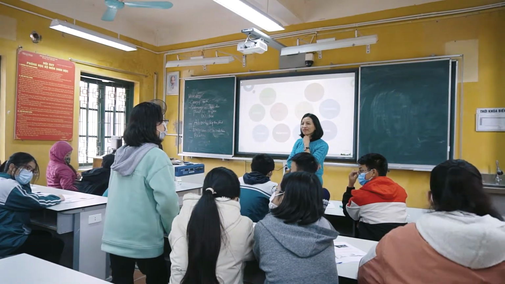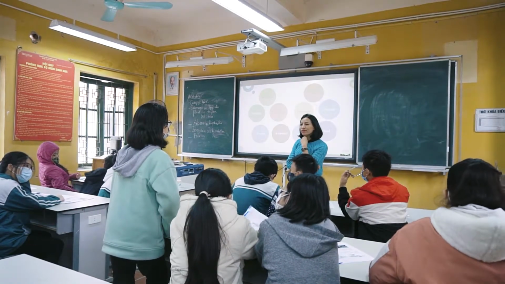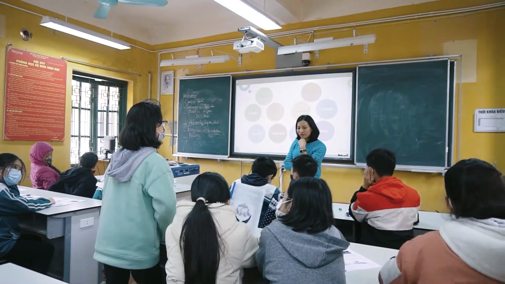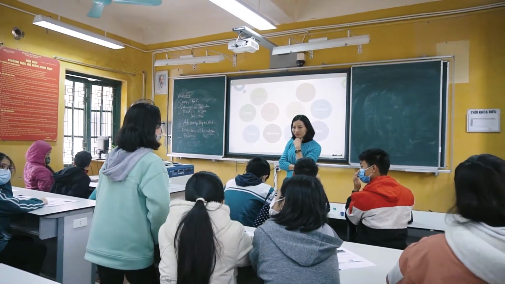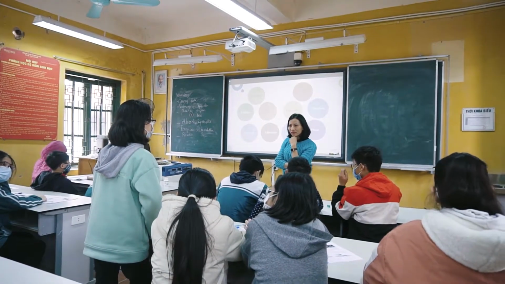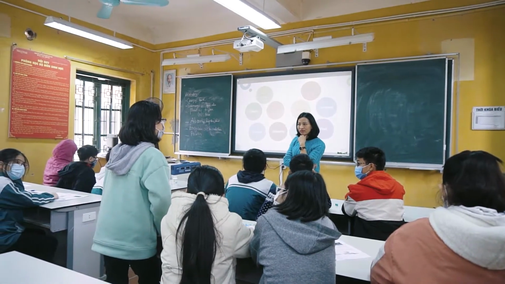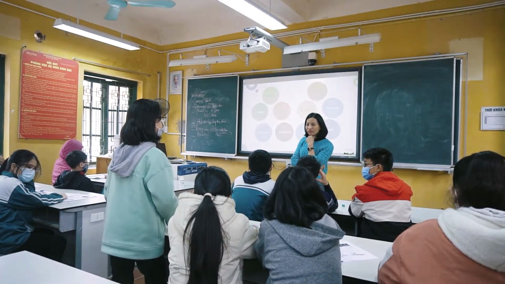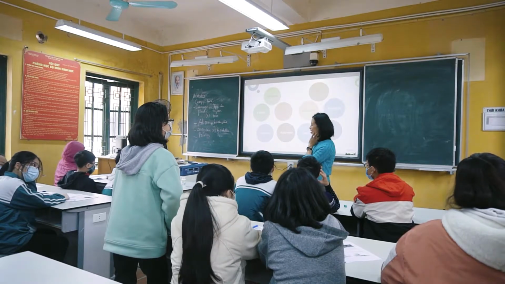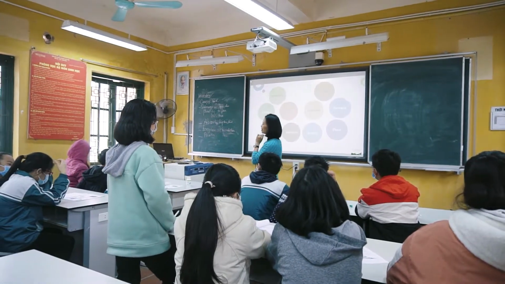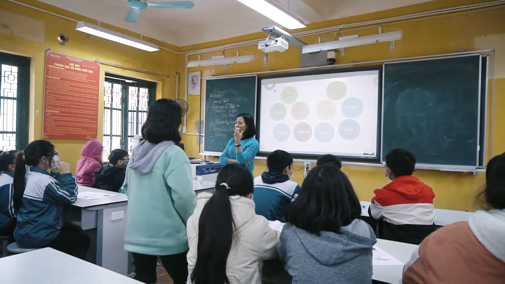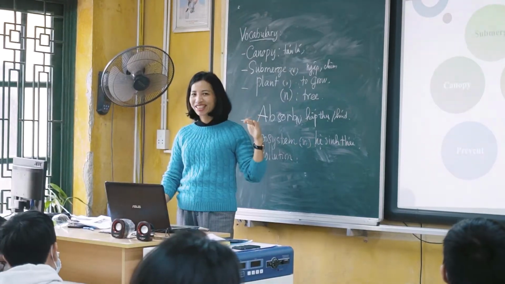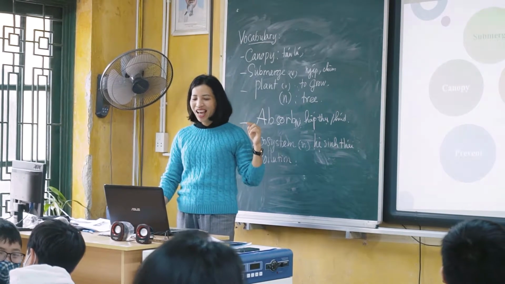To plant is to grow a tree in the ground or continue to make it grow up. It's also a noun for a tree or anything that has stems, leaves, and roots. The next one is more difficult.